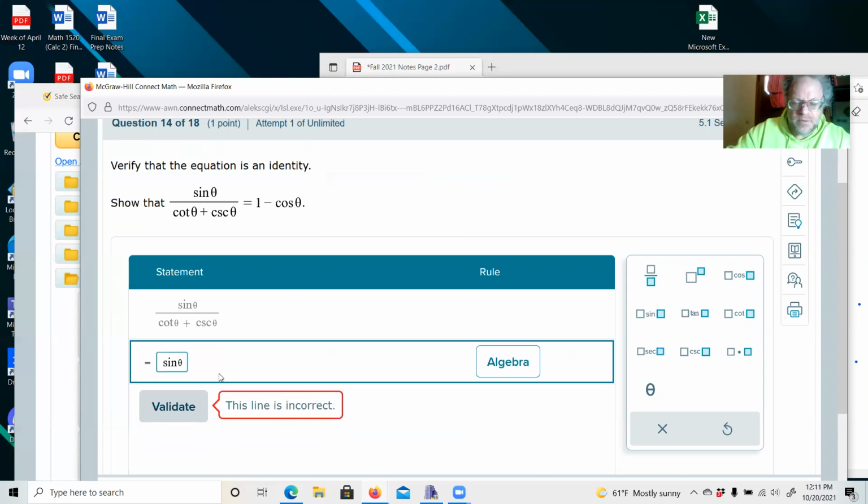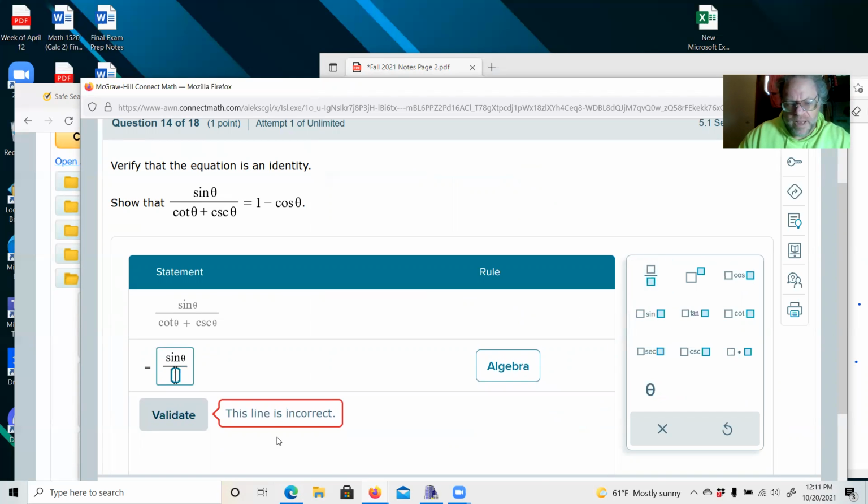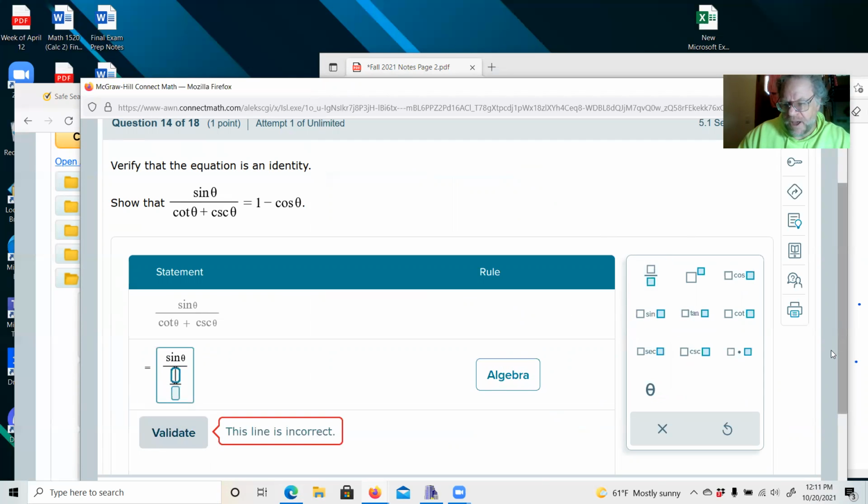I still need a divides by in the bottom here, but I guess I went too fast, too far, I flew too close to the sun, they shot me down. So let's go with cosine over sine plus 1 over cosine.